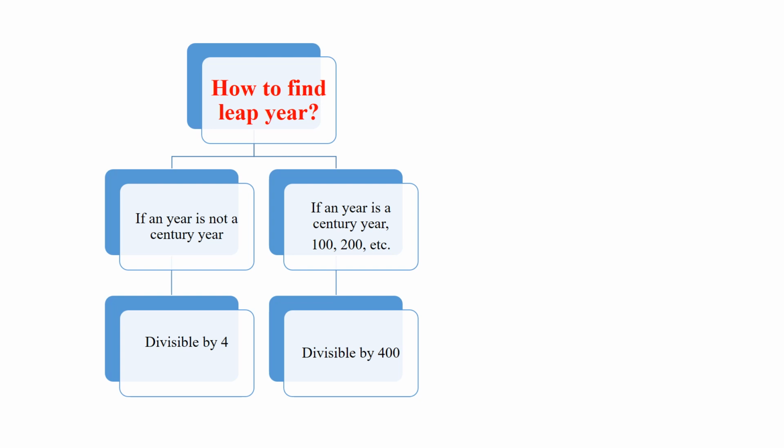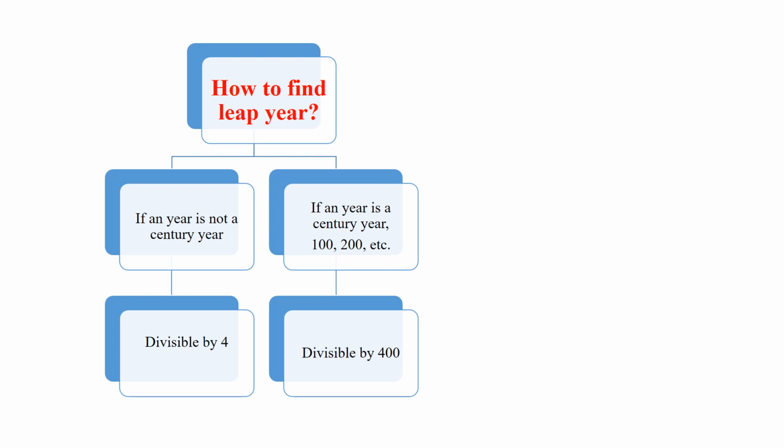How to find whether a year is a leap year or not? This is a very important condition which I have discussed very clearly. First, you should check whether a year is a century year or not.